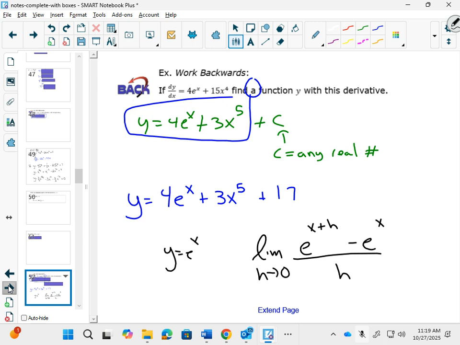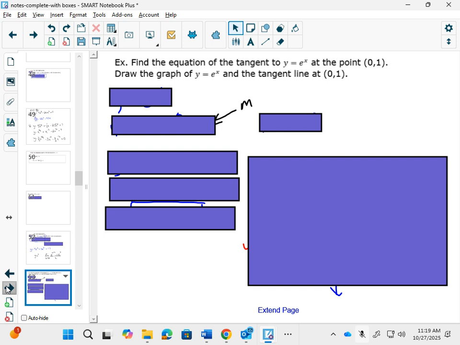And you have to come up with a way to cancel out that h. How would you do that with your algebra skills? Log natural rules. Right, well, yeah, you have to figure out ways that you would go about that. It is not easy. The shortcut is super easy. It's just the same thing. So what we're going to do over the next little bit is learn a couple of shortcuts.